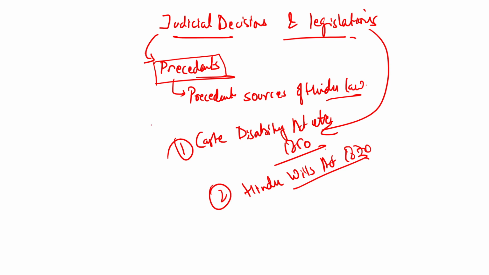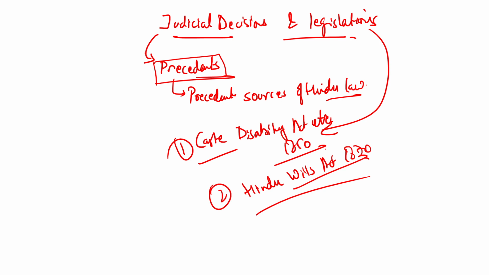The Caste Disability Act of 1850 and the Hindu Wills Act of 1870 are evidence that these laws were created in such a manner that the whole timeline was crystallized and compressed in a very efficient manner in order to get the main crux, the main source of the Hindu laws. But these ancient laws still had a lot of confusions and conflicts.